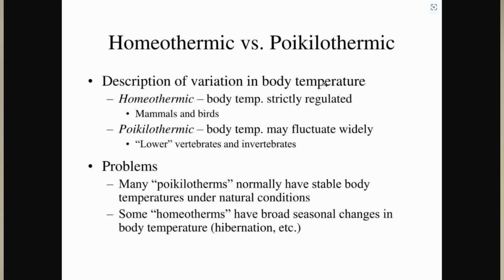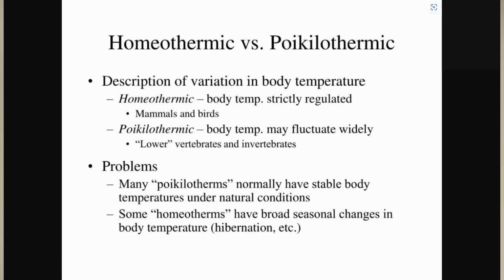Organisms that are homeothermic have their body temperature strictly regulated, and that includes mammals and birds. While for some other organisms, their body temperatures will fluctuate according to the dictate of the environment. Such organisms are called poikilothermic.